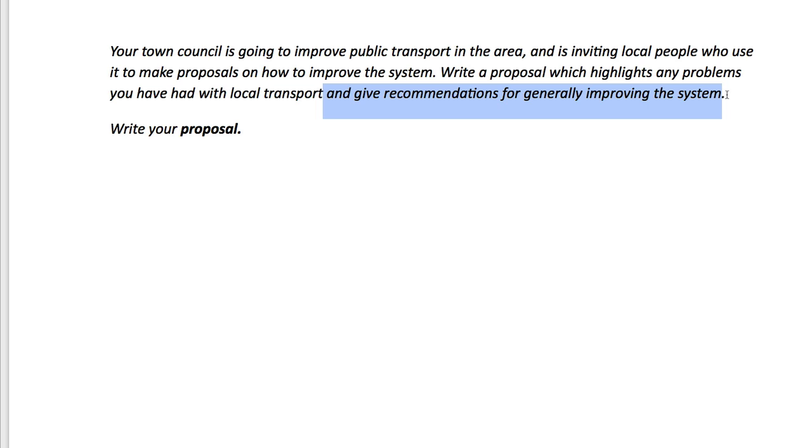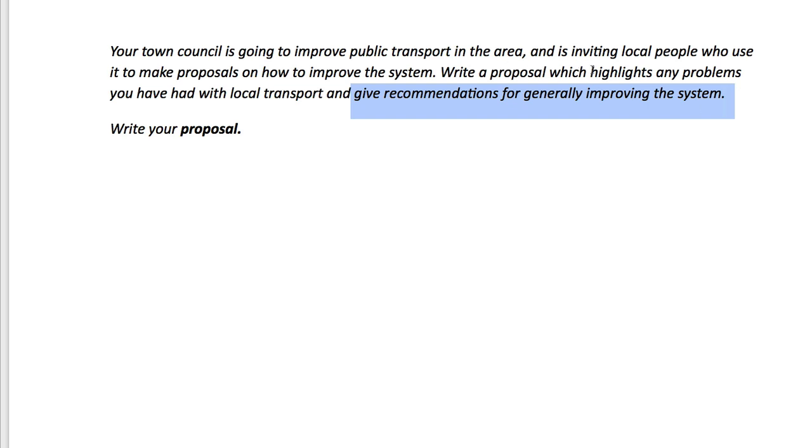As I said in the previous video about Cambridge English exam writing tips, within your question you normally have 2 or 3 questions. So here is the first question. Highlight any problems you have had with local transport and give recommendations for generally improving the system.